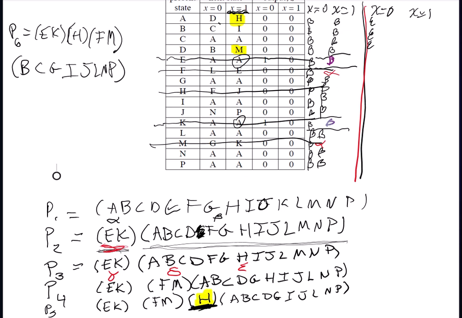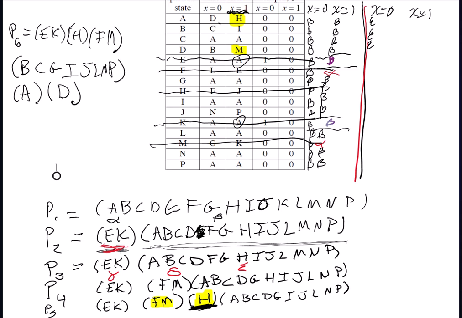And D has as its 1 successor M. That's a different partition. So A and D don't go together. They go in their own partitions. All right, so now we have that.